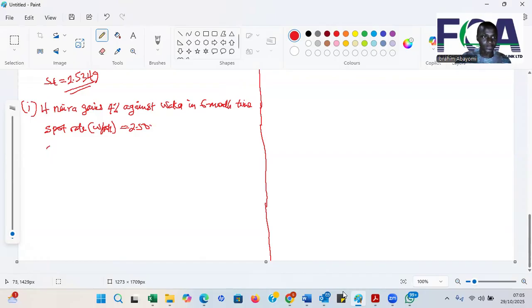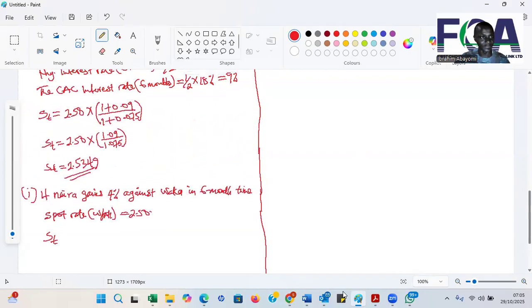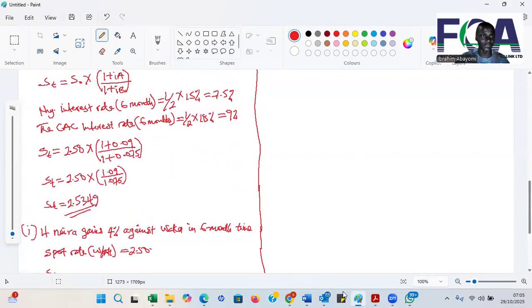So it therefore means that we're going to have the spot rate at time t. I think I should not confuse this one with spot rate. Let me use F to denote forward rate and the other one spot rate, so that we are on the same page.